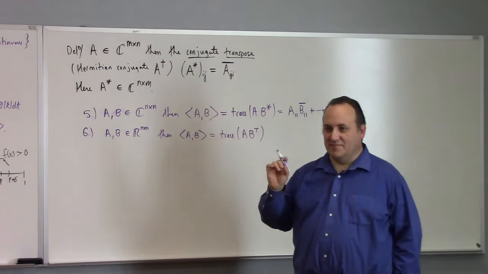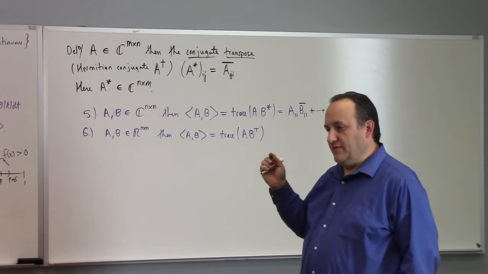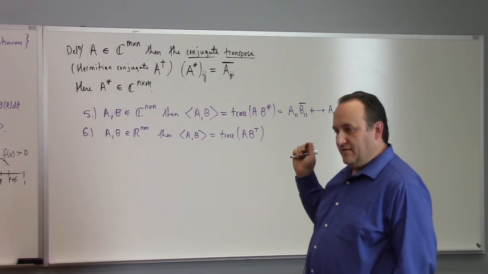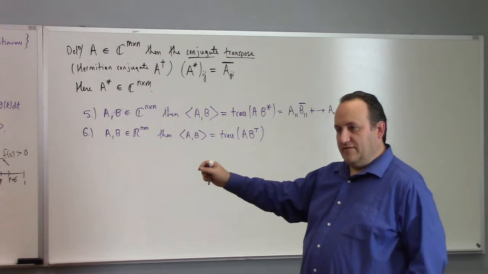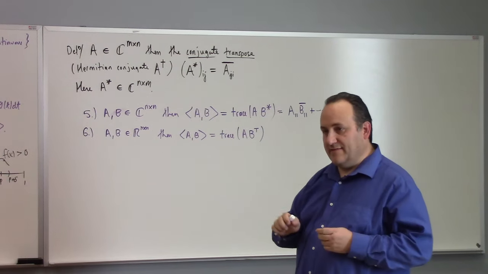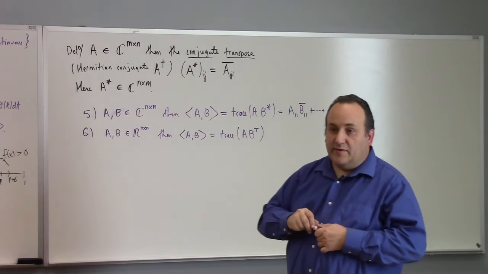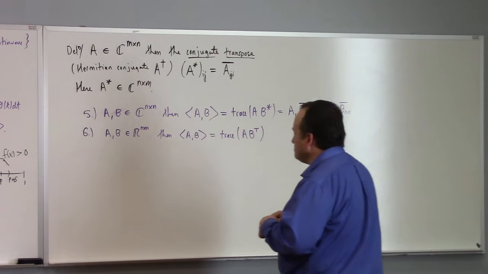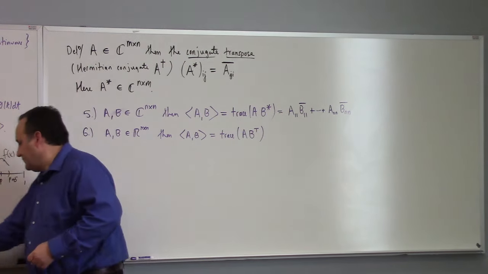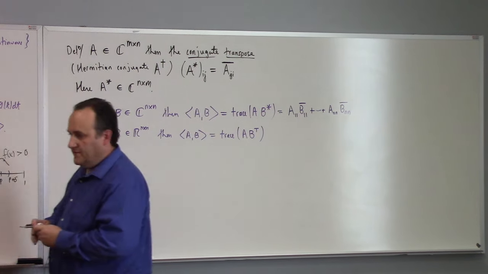So it literally thinks of the matrix as an n squared vector strung out and just essentially takes the complex dot product of the matrix with itself as an n squared complex vector. I can prove this formula to you if you'd like. Let me see if I have time for such frivolity.